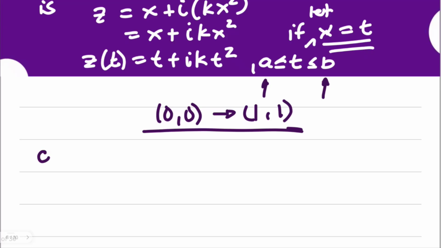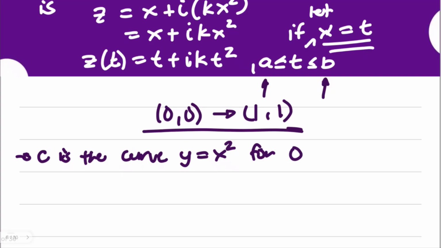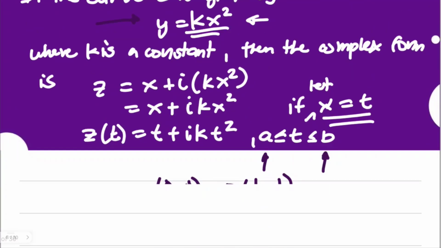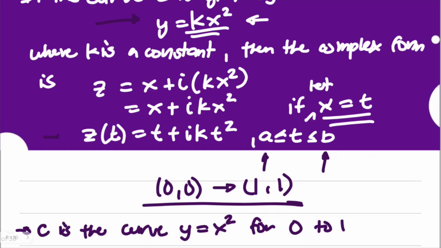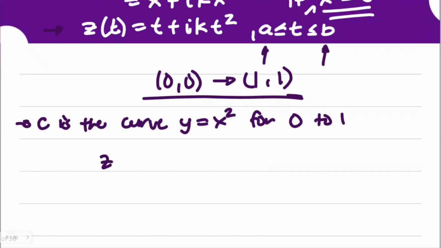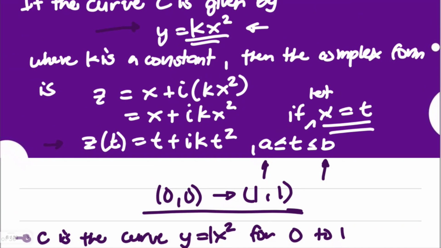Let's say C is the curve y equals x squared from 0 to 1. That would mean our z of t is identified as t plus ikt squared, but our k here is actually 1 as indicated by this value.